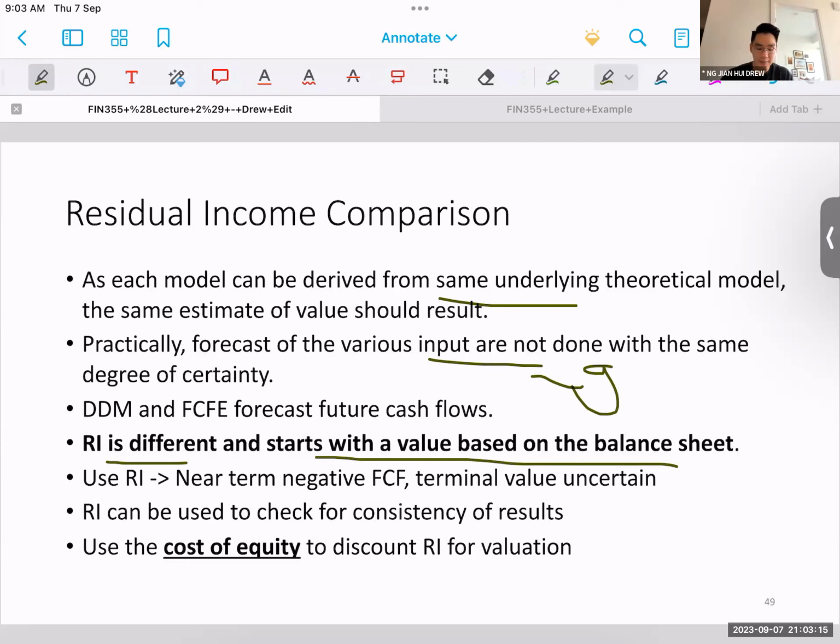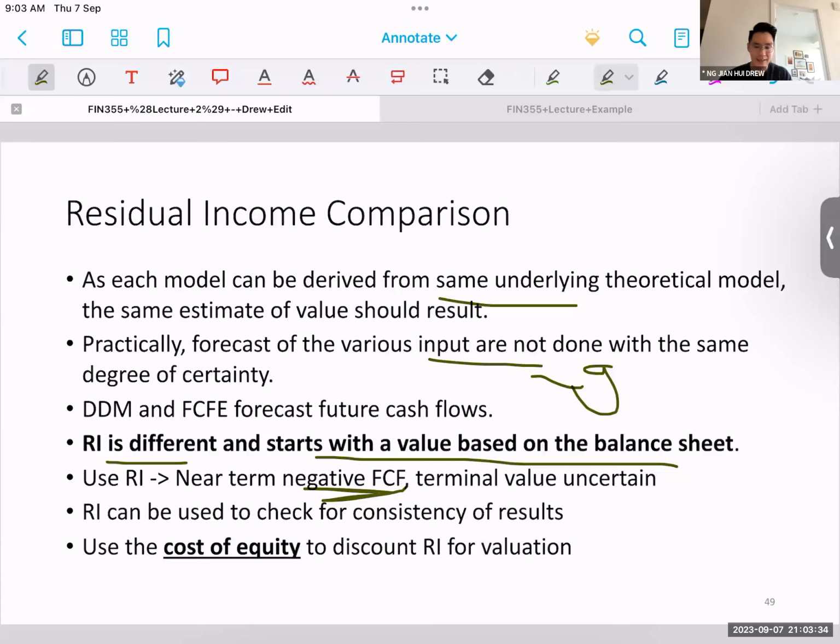Use of residual income. Why do you use residual income here? If you have a negative free cash flow, then residual income might be useful, because with negative free cash flow, it's very hard to use your FCFE.